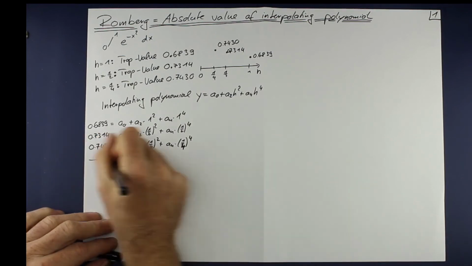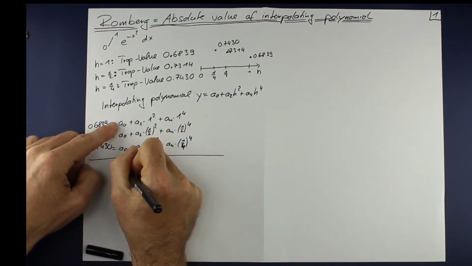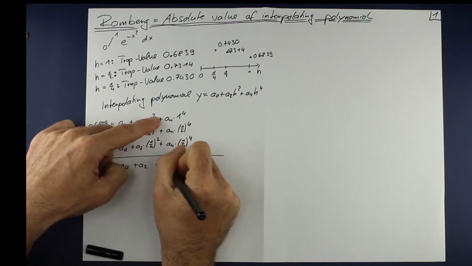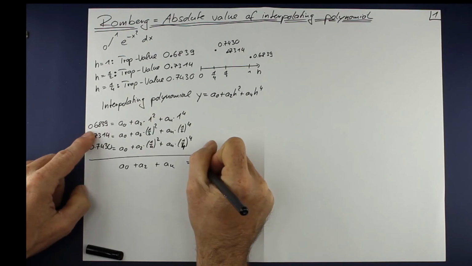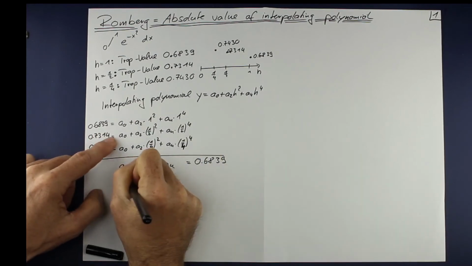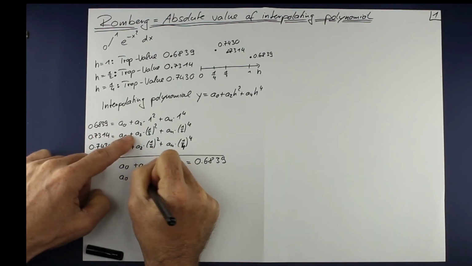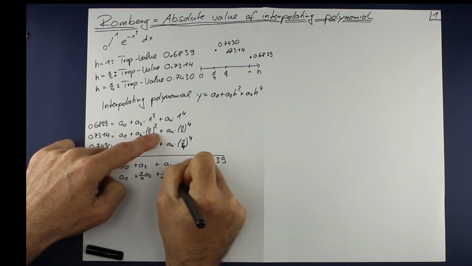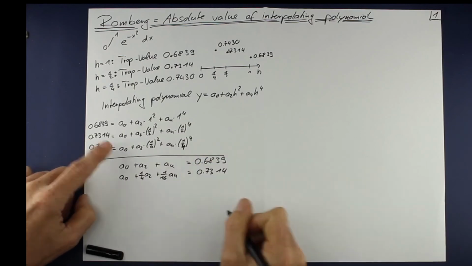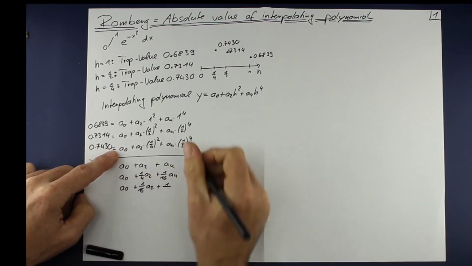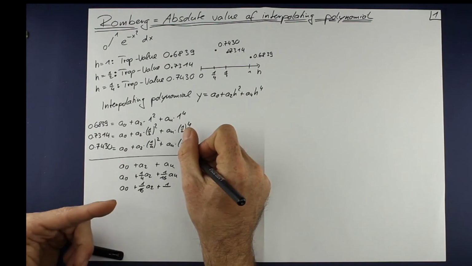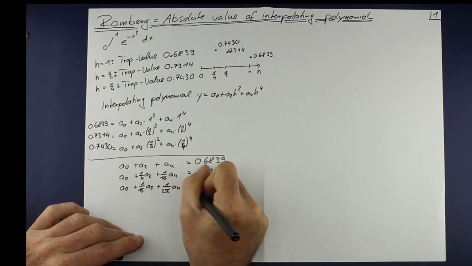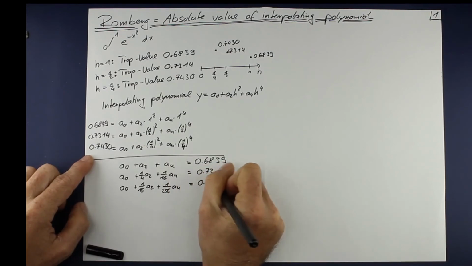So let's reformulate a little. a0 plus a2 plus a4 is that. Then a0 plus a quarter a2 plus 1 divided by 16 a4 is that. And here we have 4 times 4 is 16, 16 times 16 is 256, a4 is this value.